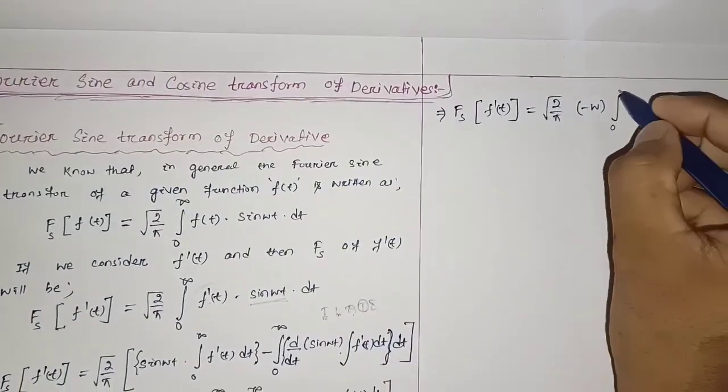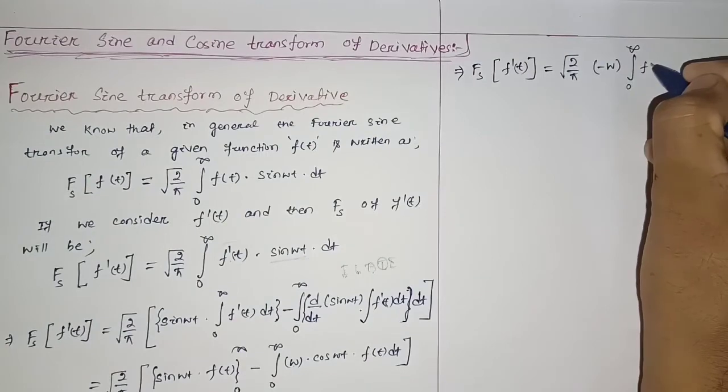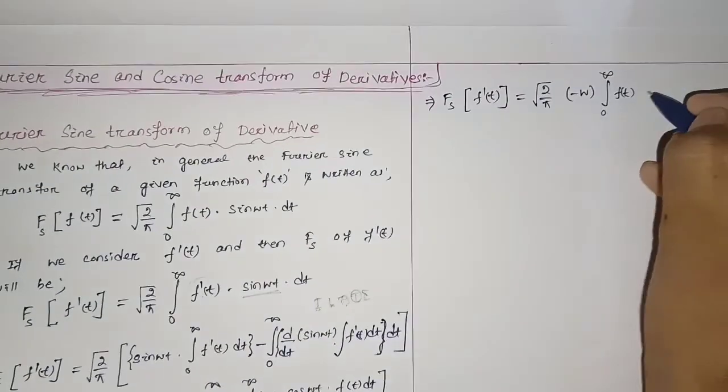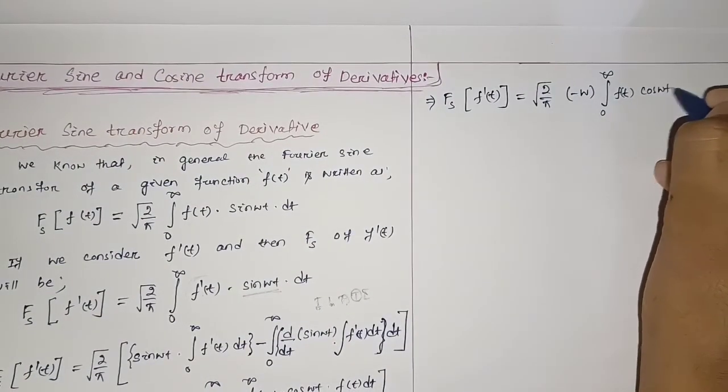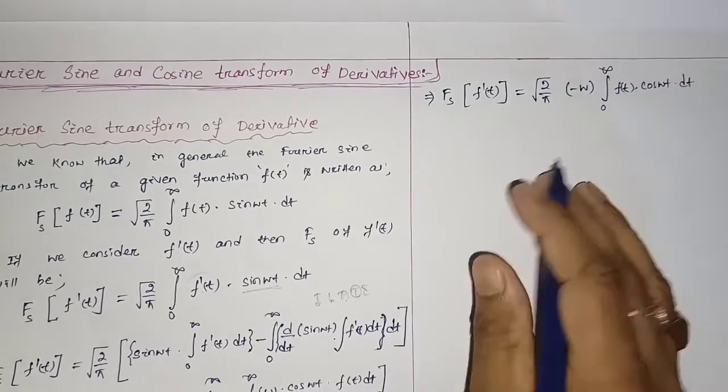integration of 0 to infinity f(t) cos omega t dt, right?